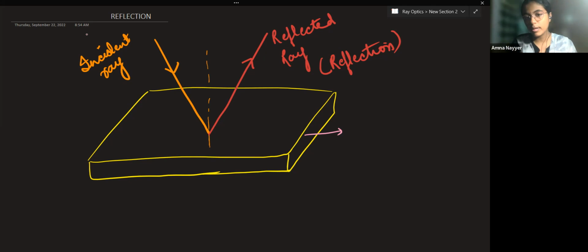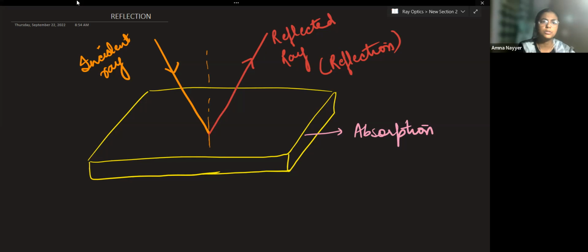But what you have to understand is that either it gets reflected, with no passing through the surface, or it can pass through the surface but be absorbed within it. So the second process possible here is absorption. No need to depict absorption, just write absorption. This will show you that the process of absorption has taken place.